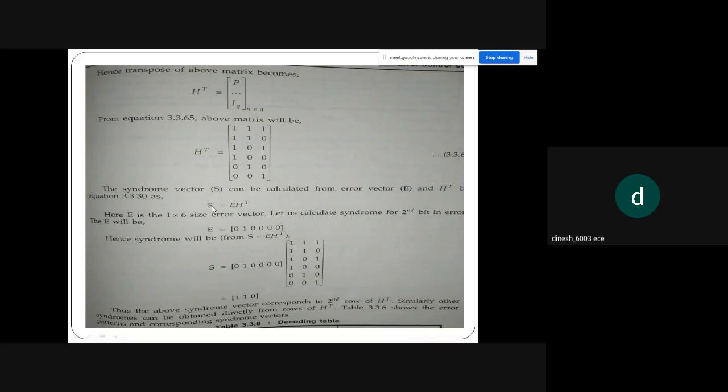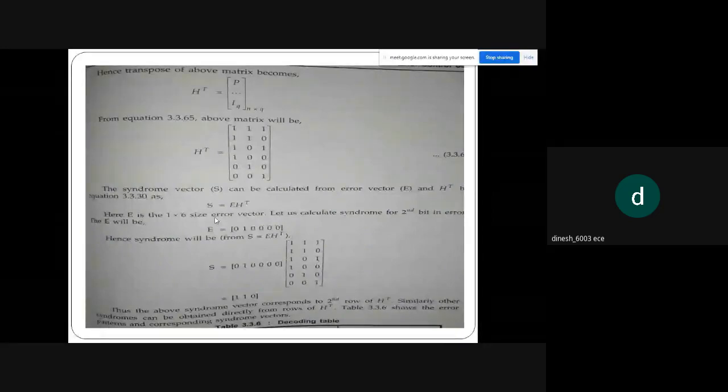So do this operation S is equal to E H transpose. We get 0, 1, remaining all zeros, multiplied with this H transpose. You do it, we get 110. And see that this is present in the second row.